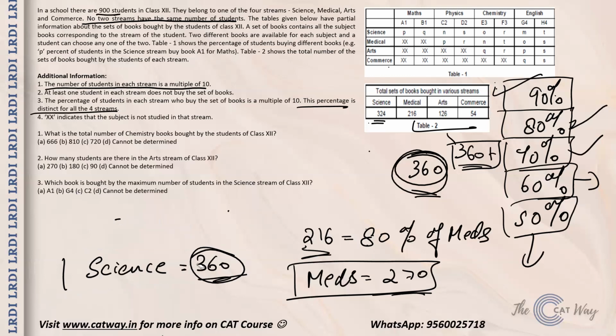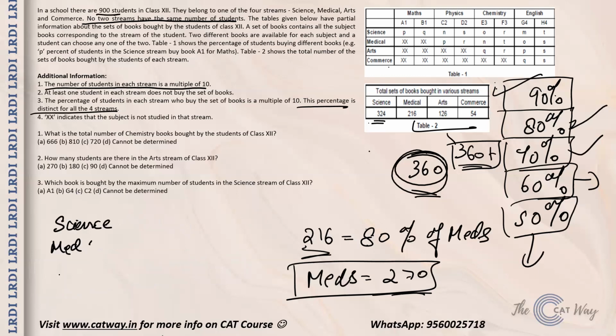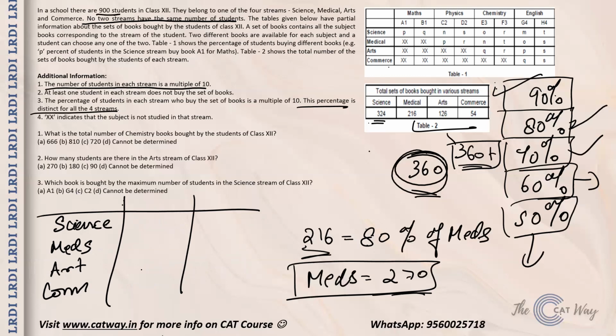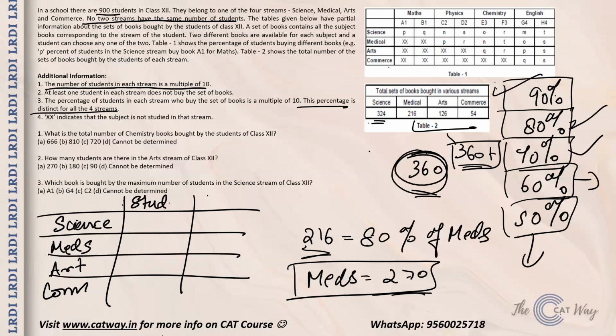Now on similar lines, you can find the others. I'm directly going to write down the number of students and the percentage: science, medical, arts, and commerce. First I will write the number of students, and second, the percentage of them who bought the books.